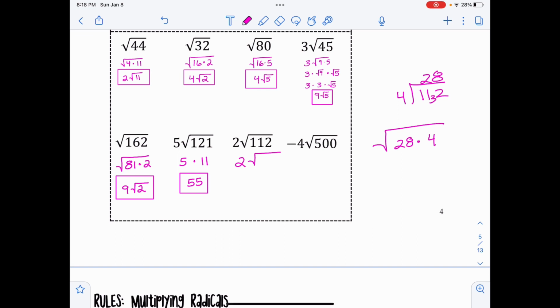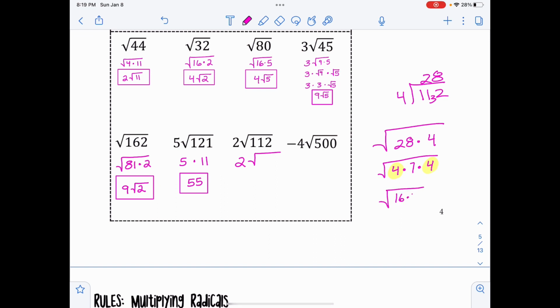Now, 4 is a perfect square. However, 28 can also be written as 4 times 7, which also gives me another perfect square of 4. Now look here. I've got a 4 and a 4 and a 7. 4 times 4, of course, is 16.